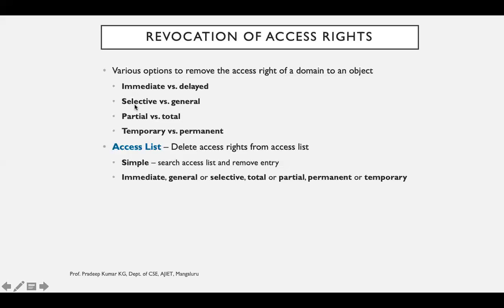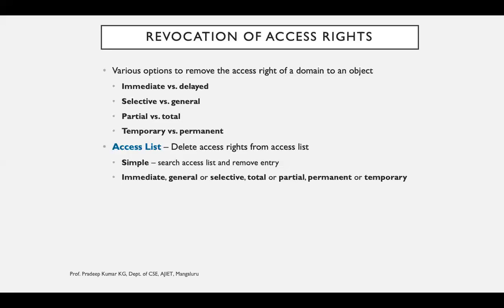Second one is selective. Selective is only a few selected. Only for a few selected domains you want to remove or revoke the permission. Or if you implemented using an access list, then only for a few objects you can remove the permission. You can select some set of objects, and you can remove. Second part is general.